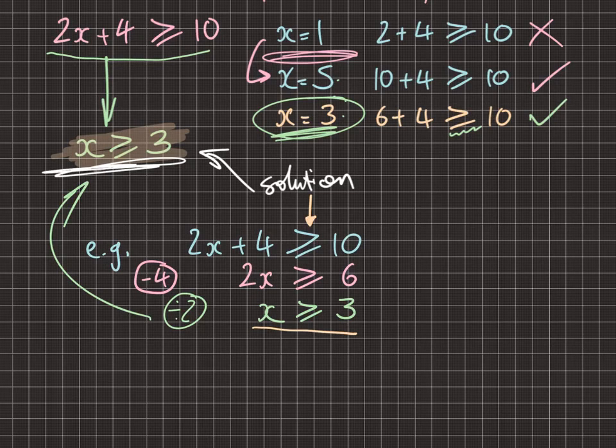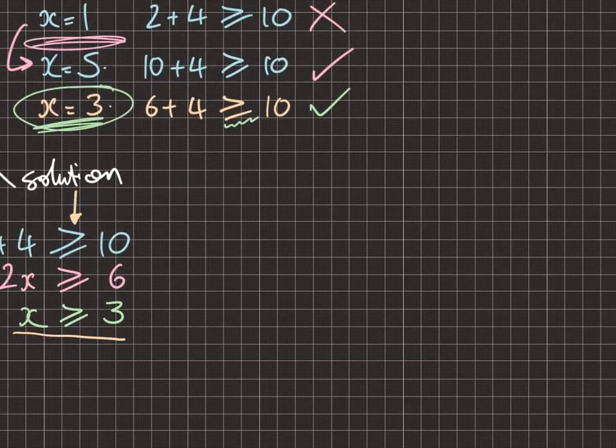I'm going to have a look at one more example, which goes through exactly the same sort of process, but we're going to have x's on both sides of the inequality sign here. But again, it works in exactly the same way as our equations, which have x's or unknowns on both sides.